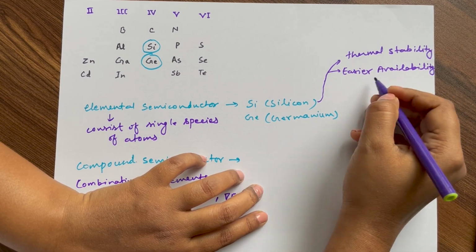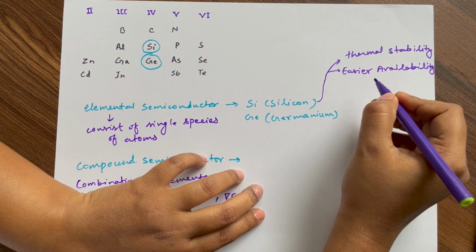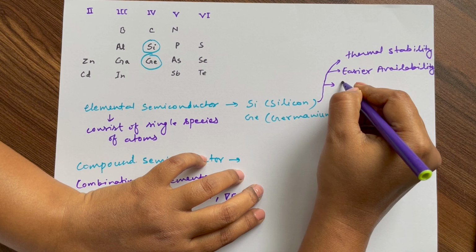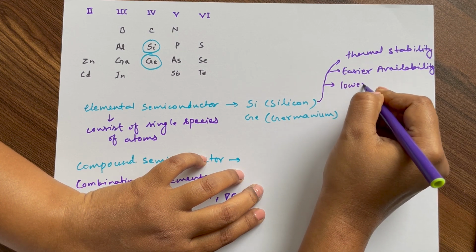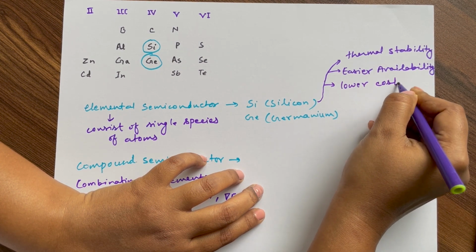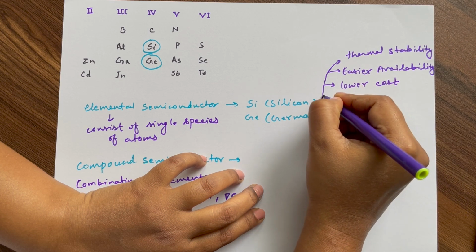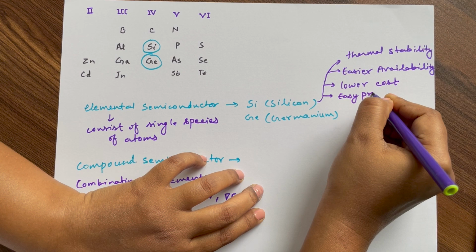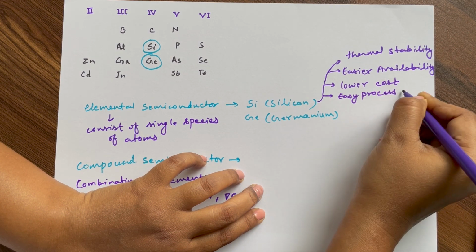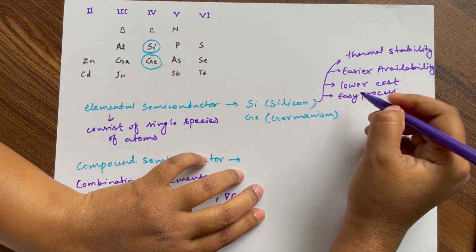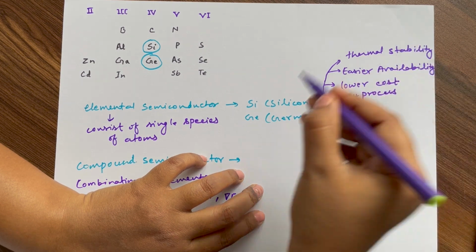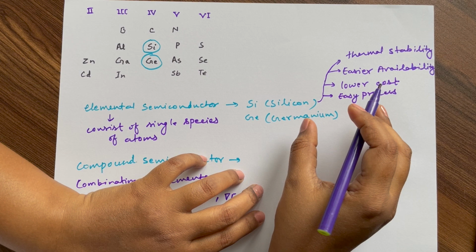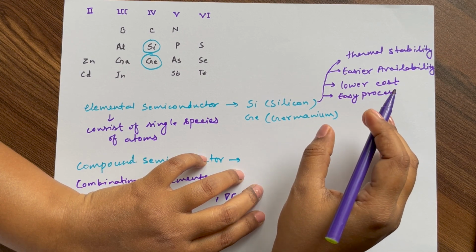Silicon is abundantly available on earth, and because it is easily available, it has lower cost and easy processing also. So due to these factors, silicon is the most used semiconductor in the semiconductor industry nowadays.